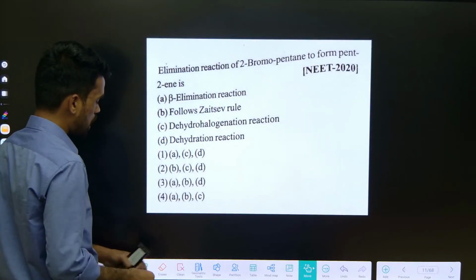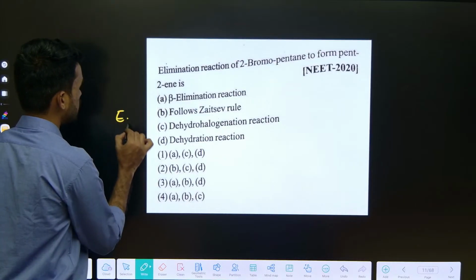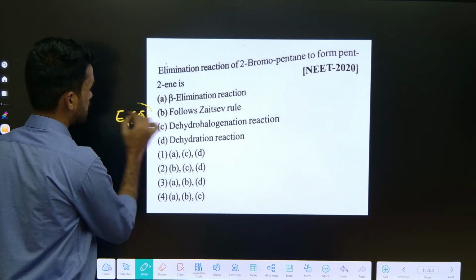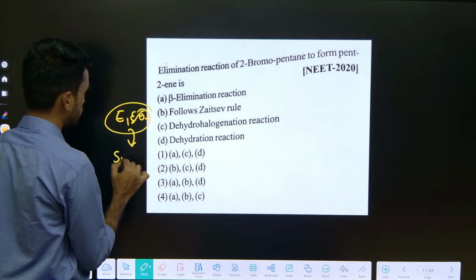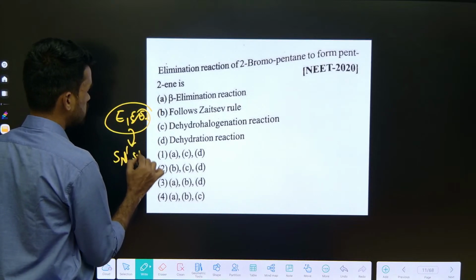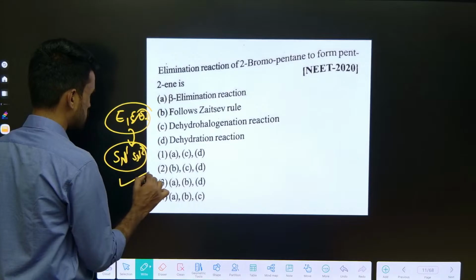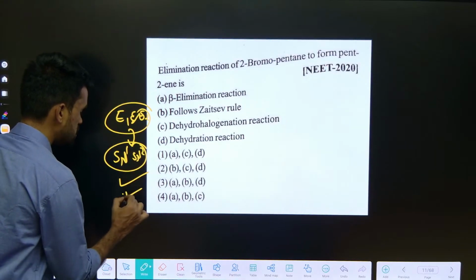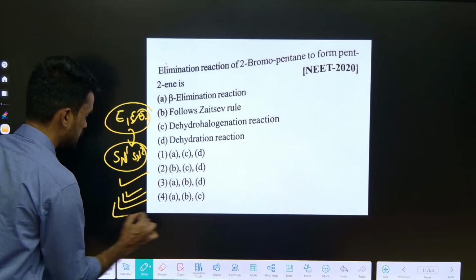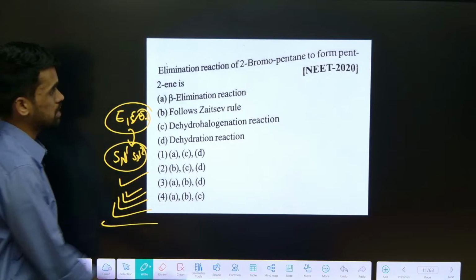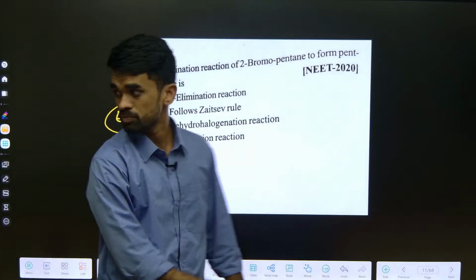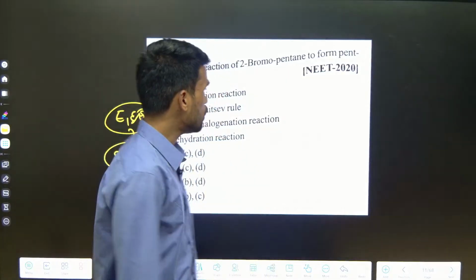We will solve them all together after studying E1 and E2 and comparing them with SN1 and SN2. Then we will solve all levels of questions, whether JEE Mains, JEE Advanced, NEET, whatever the exam, once we have understood the concepts.